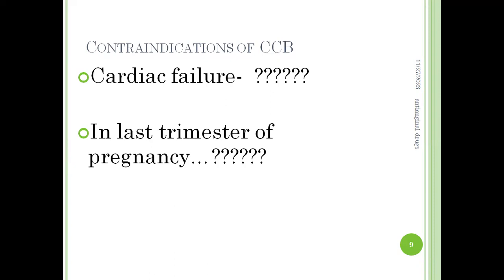Since it is a cardiodepressant agent, it reduces the force of contraction, so it cannot be given in unstable cardiac failure. It is also contraindicated in the last trimester of pregnancy because it affects uterine contraction.